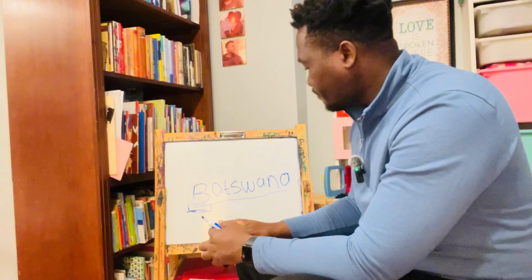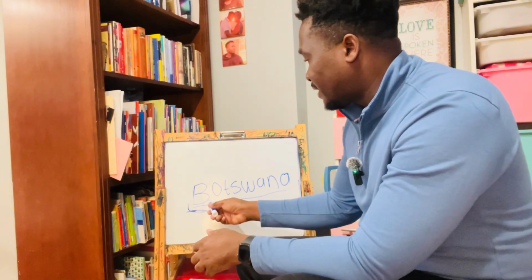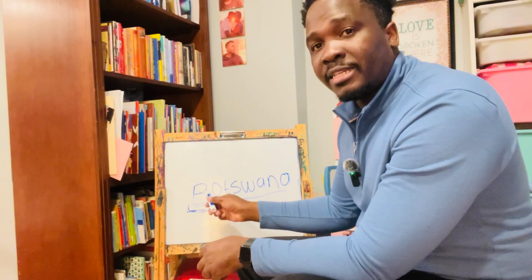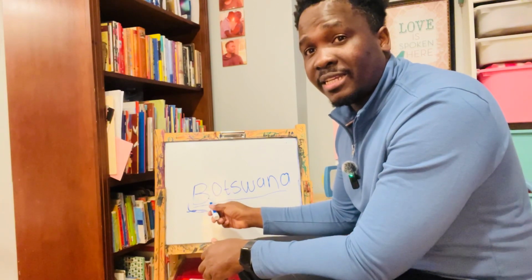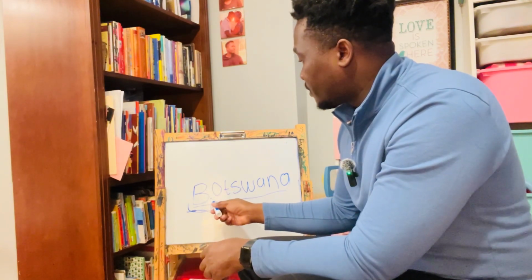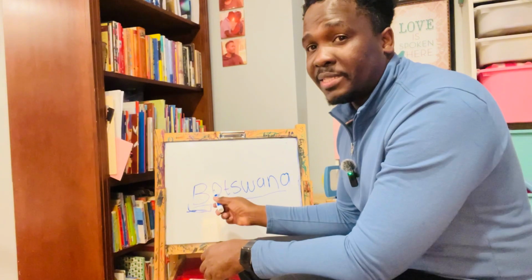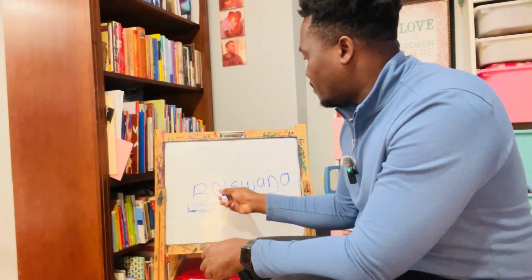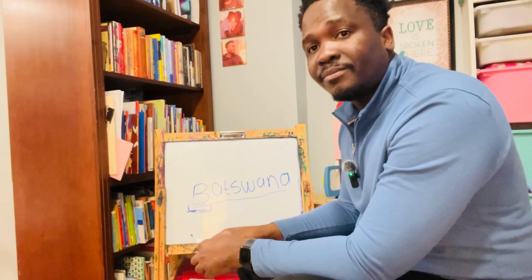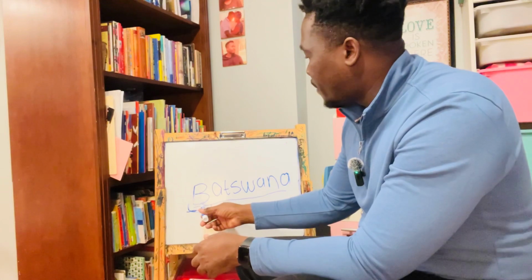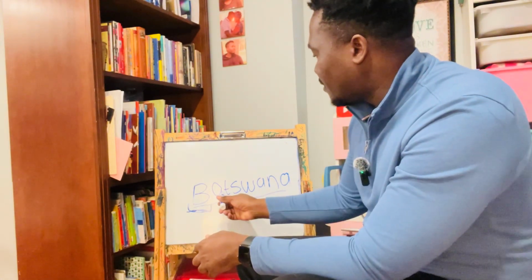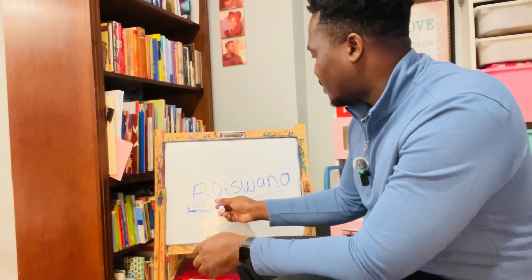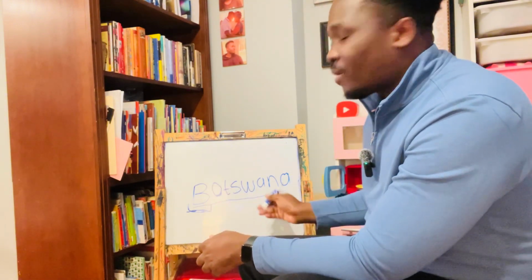Botswana. If you are looking at this letter and you say it how you would say it in English, it's going to sound wrong, like you are saying Botswana. So it's Botswana, Botswana, not Botswana.